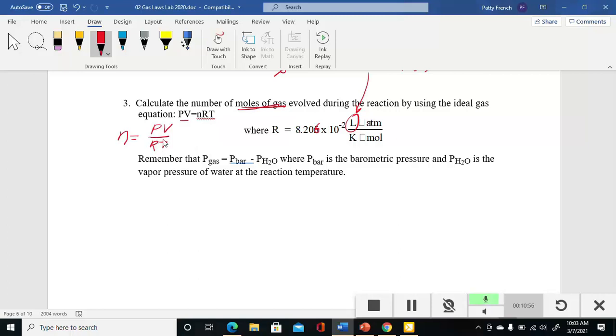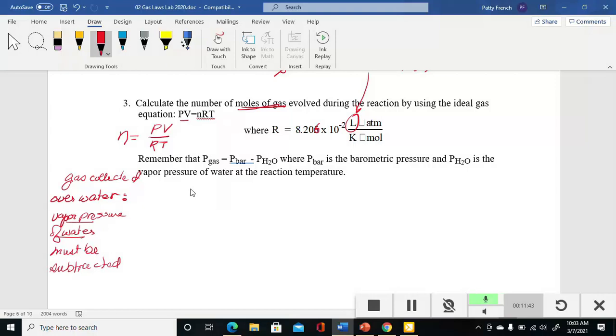Now, we've got our volume, we've got our temperature, and we think we have our pressure, barometric pressure, right? But remember, this gas was collected over water. We have a vapor pressure of water that we're going to have to get rid of.